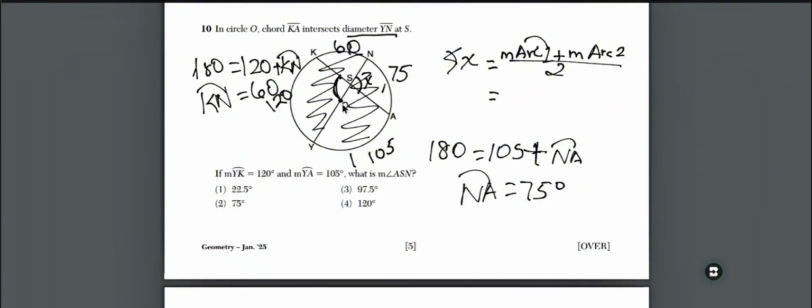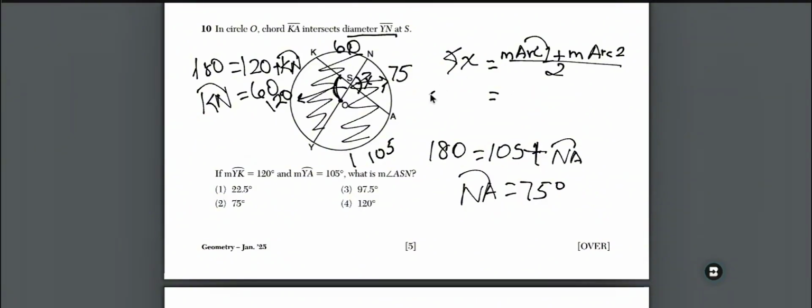Okay? So now I take the measurements of the arcs that are, let me see, I'm trying to use the correct wording. The angle that is within that arc measurement. I know that's not the correct way to say it, but I'm just trying to simplify it. So angle ASN, the arc that it corresponds to is NA, right? And angle KSY, the arc that it corresponds to is arc YK, whose measurement is 120.